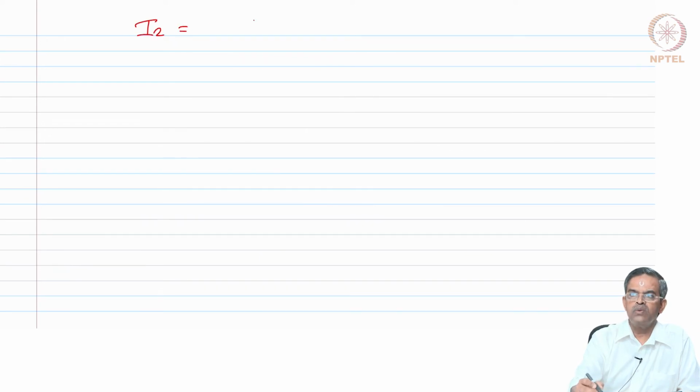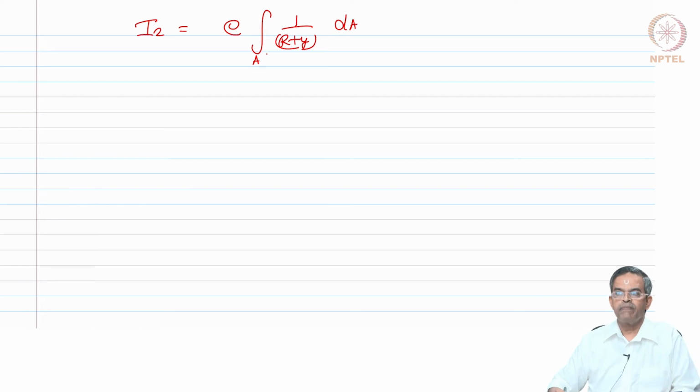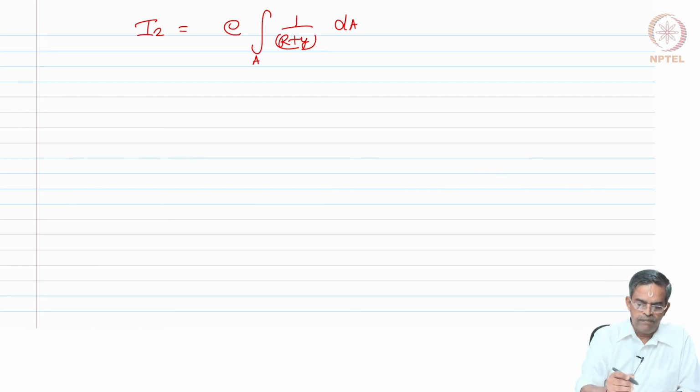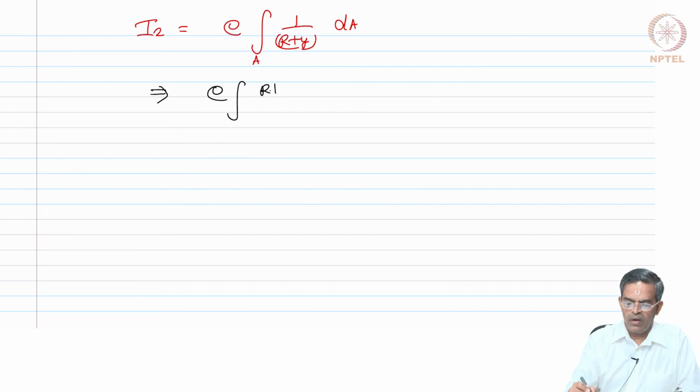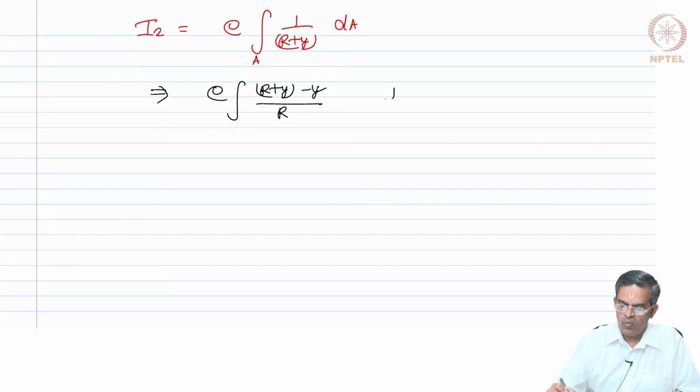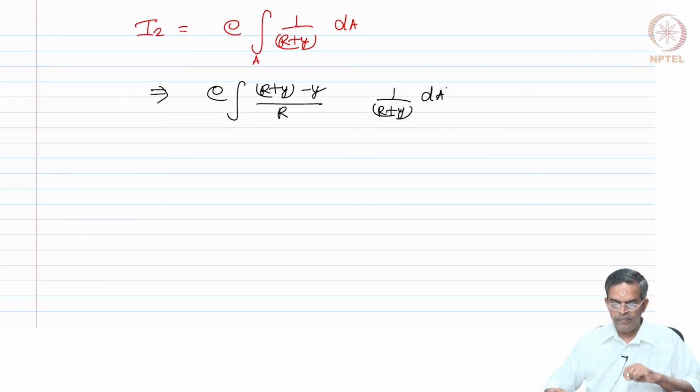The second integral I2 was given by E times the integral of 1 by R plus y dA for the area A, which is now equal to E times the integral of R plus y minus y by R times 1 by R plus y dA. Can I write like this?